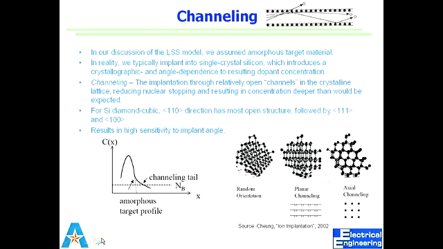Okay, channeling. In the LSS model, what we defined was a very well-defined target material, which was amorphous, where randomly placed atoms would result in collisions. But what we actually get is silicon, which has order and, so to speak, empty spaces in between.